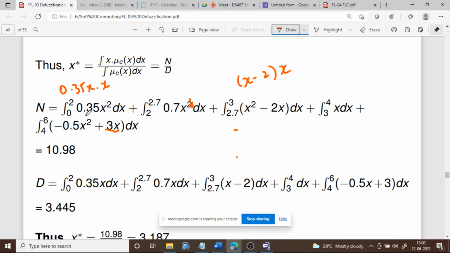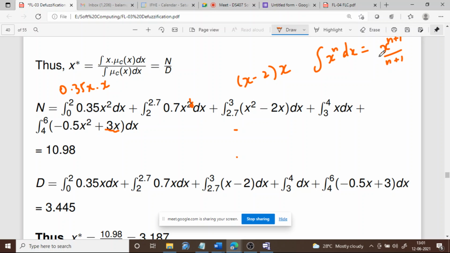If you simplify this, what is the integration of x to the power n dx? It is x to the power n plus 1 divided by n plus 1. This is the formula.